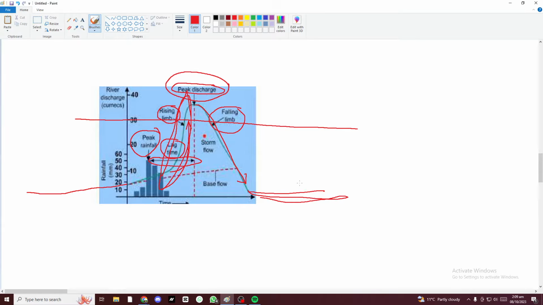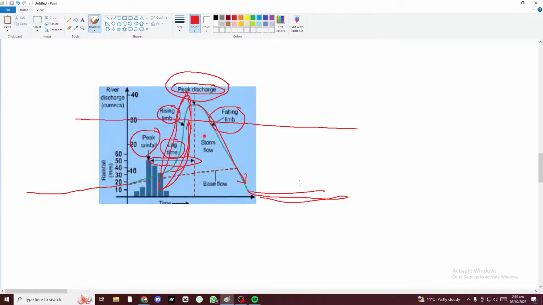Moving on, storm processes. So rain falls on a drainage basin in large amounts. Overland flow occurs because precipitation is greater than the infiltration rate. This causes the rising limb to build to a peak rainfall / discharge.